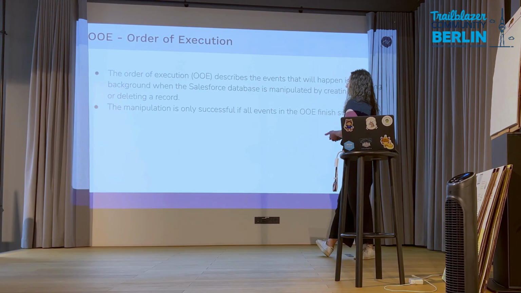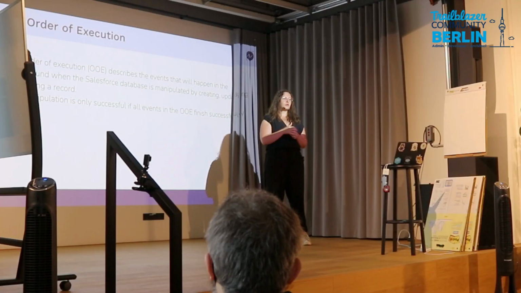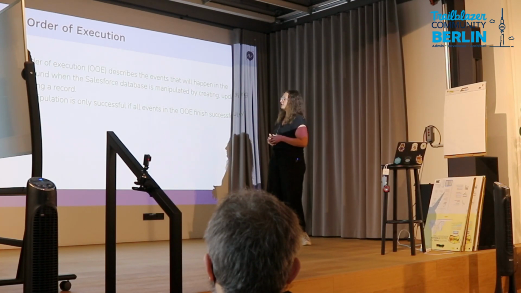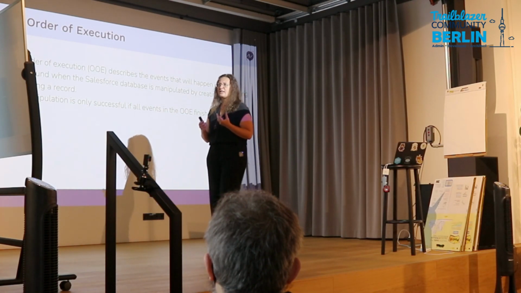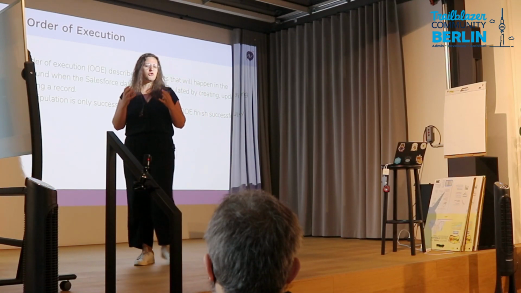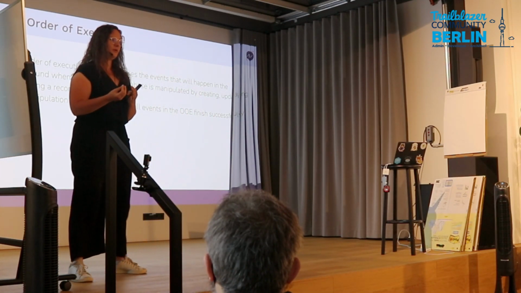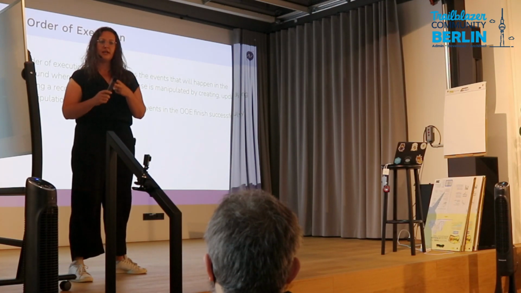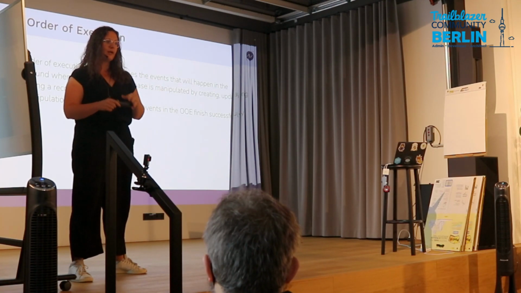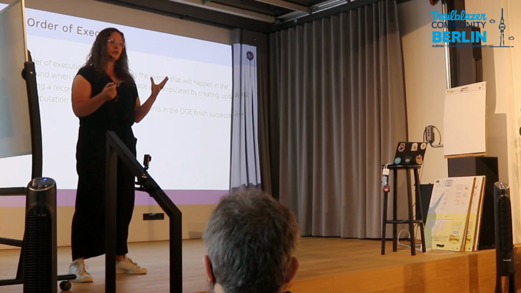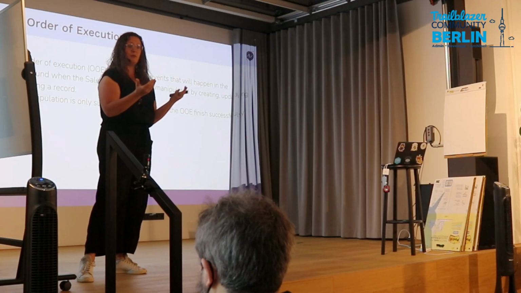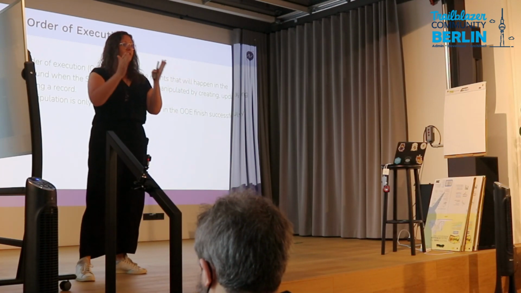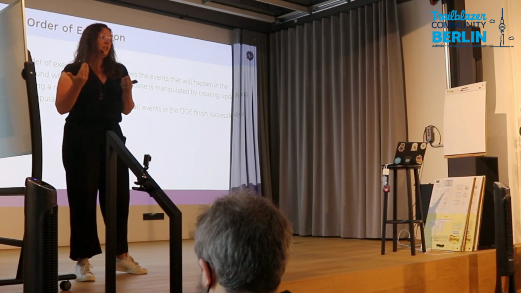So what is it? The order of execution, I use the abbreviation OOE as a shortcut for it in the slide deck, just so you know. It basically describes all of the steps, all of the events that happen when somebody tries to manipulate the Salesforce database by creating a record, updating a record, deleting a record, undeleting a record, merging records, all those sorts of things. What's happening behind the curtain is the database is being manipulated. And there is a set of things that happen when this manipulation occurs.